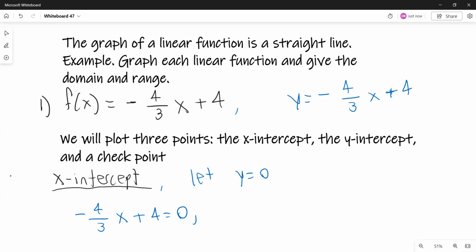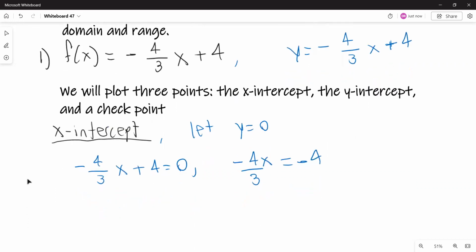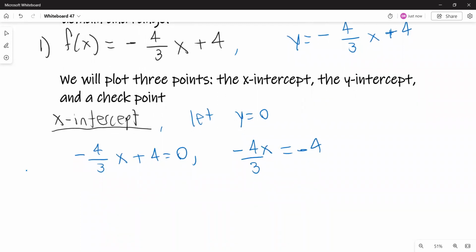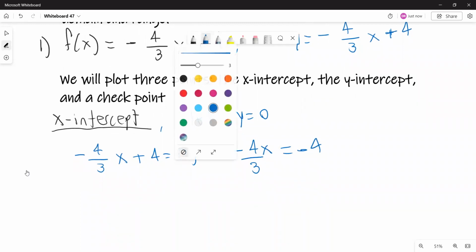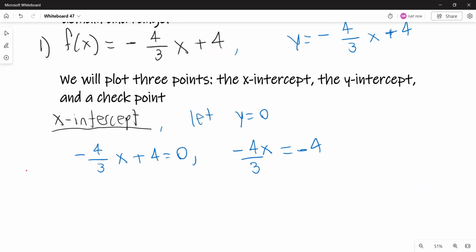That was one of the first things we did in this course. So the opposite of 4/3 x is equal to -4. Solving this equation for x, multiply both sides by the reciprocal of -4/3. So x is equal to 3.